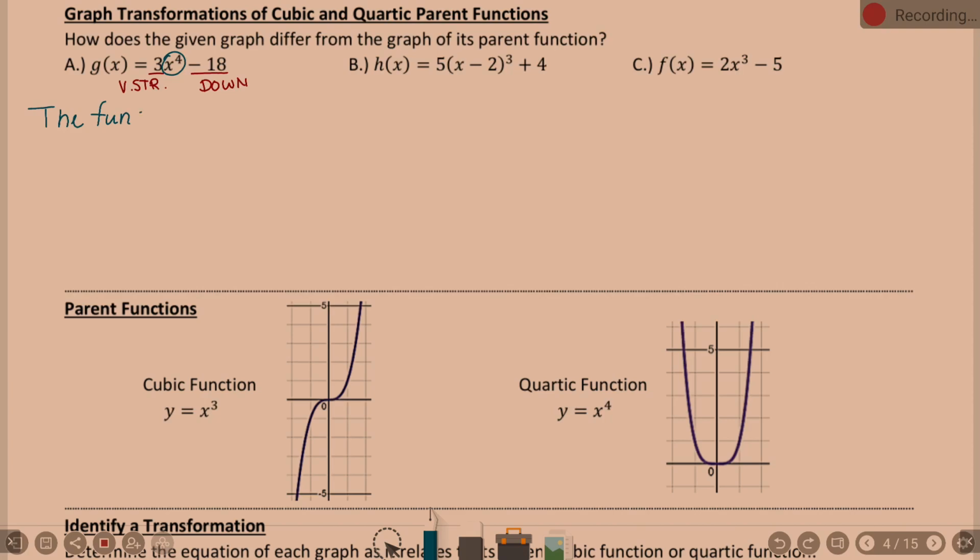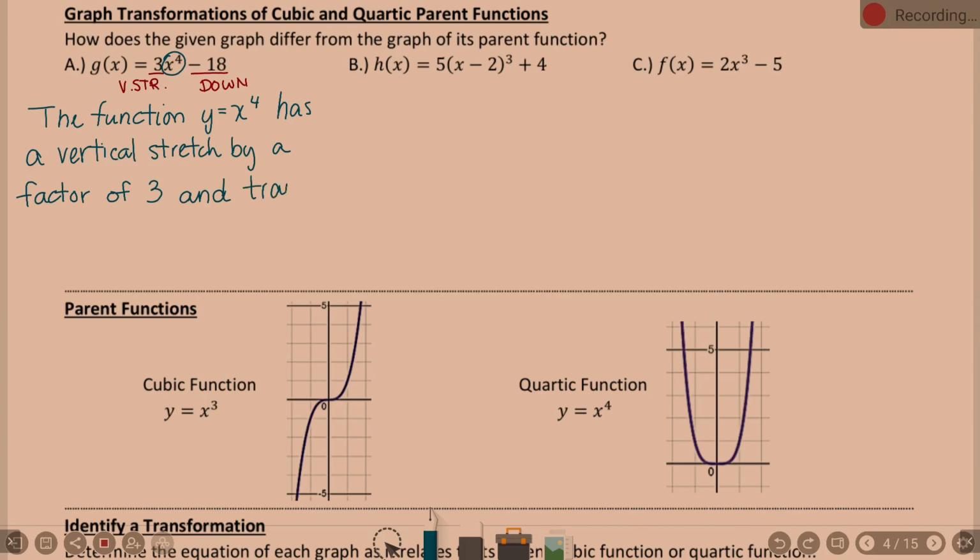So the function y equals x to the 4th has a vertical stretch by a factor of 3, and I'm going to use that word translated down 18 units.